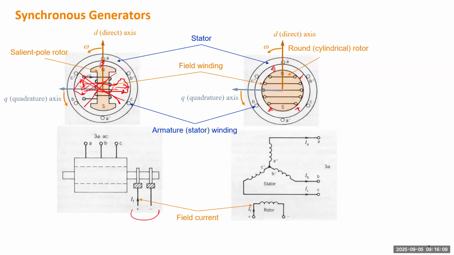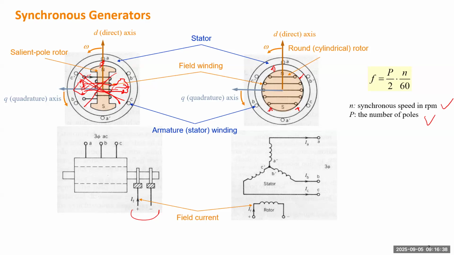As I said, the positive direction of revolution will be the counterclockwise direction. The angular speed is omega, which is 2 pi f. F is 60 hertz in the US. So there will be this equation to connect the number of poles, which is P, and the revolution speed, usually in revolutions per minute, and the frequency.